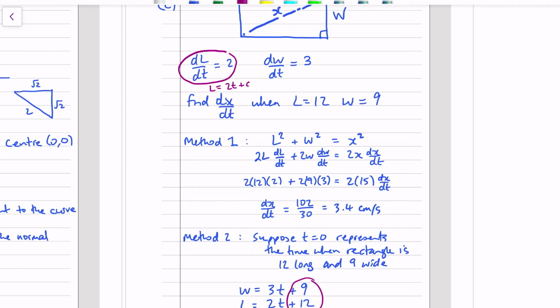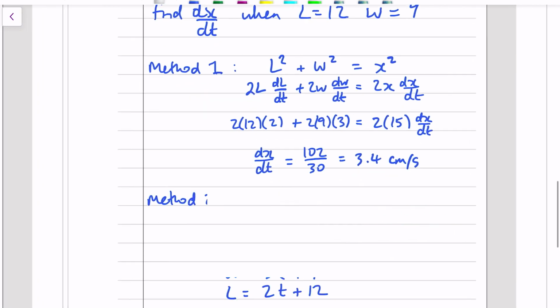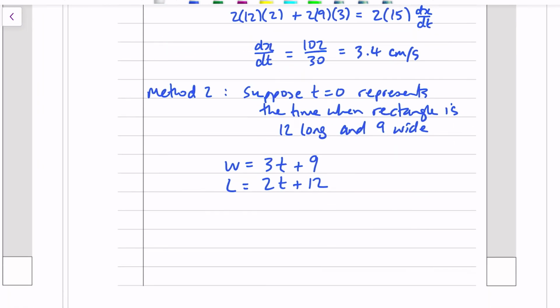It's really easy to explain, because if we look at the width of 9, and it's growing at 3 centimeters per second, that must have taken 3 seconds to get to a width of 9. But the length is only growing at 2 centimeters per second, and it's 12, so that would have taken 6 seconds to get to that length. So it's not possible for them to both be 0 at the same time. My point is that the 9 and the 12 in these functions are important.